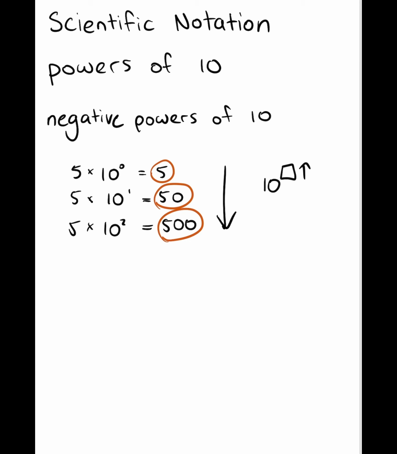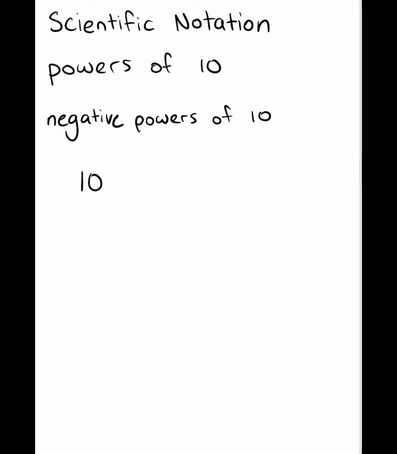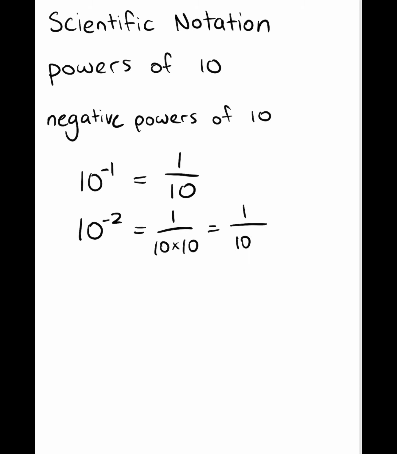So obviously, if we're decreasing, if we're going into the negative, we're going to be dealing with smaller numbers. So if we look at a negative indice, let's look at 10 to the power of negative 1. That's really the same as 1 divided by 10 to the power of 1, which is 1 divided by 10. 10 to the power of negative 2 is the same as 1 divided by 10 to the power of 2, which is 1 divided by 10 times 10, which is 1 divided by 100.